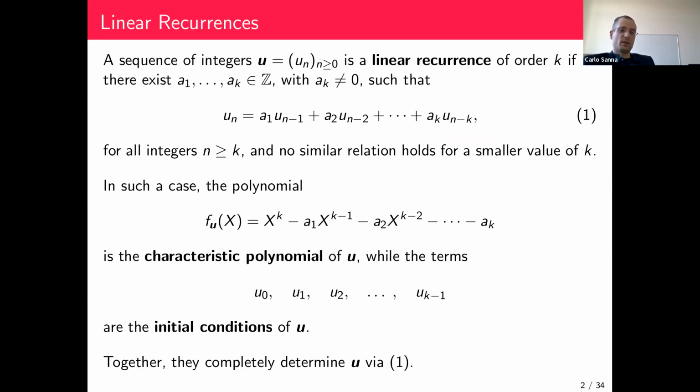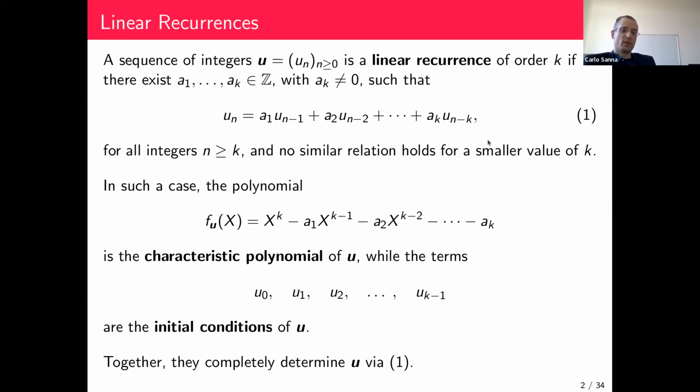I say that a sequence U of integers is a linear recurrence of order k if every term after the first k terms is a fixed linear combination of the previous k terms, as written in equation 1. And the smallest k for which this occurs is said to be the order of the linear recurrence.